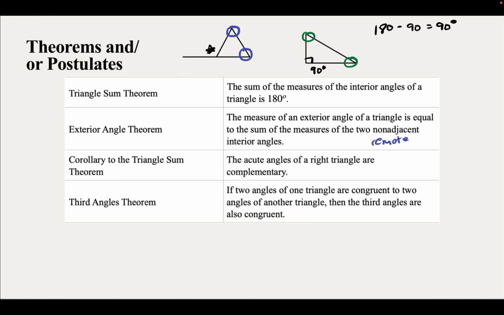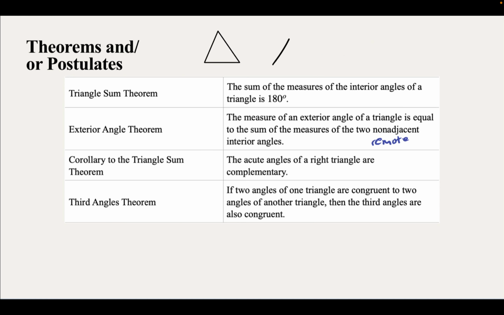And the last one, Third Angles Theorem. If two angles of one triangle are congruent to two angles of another triangle, then the third angles are congruent. I'm going to erase this so I can draw what this looks like. I'm going to draw two triangles. And it says two angles of one triangle are congruent to two angles of another triangle. So let's say this angle is congruent to this angle, and this angle is congruent to this angle.